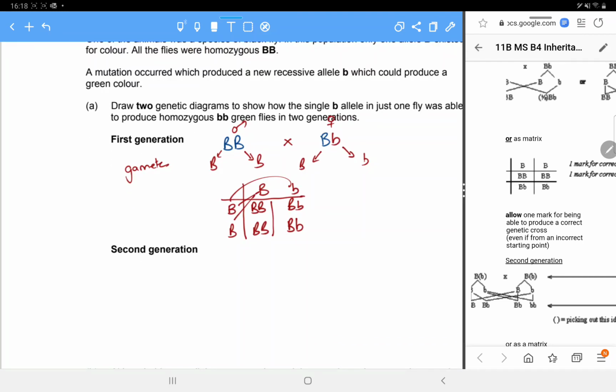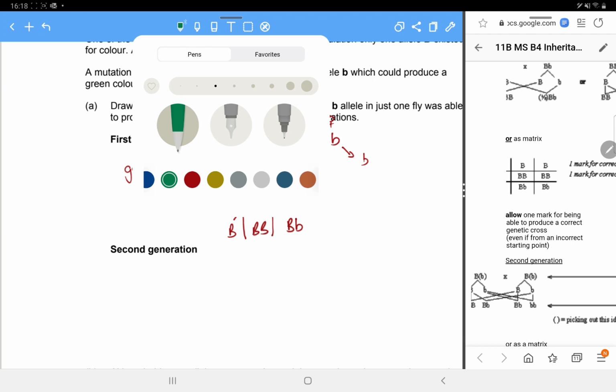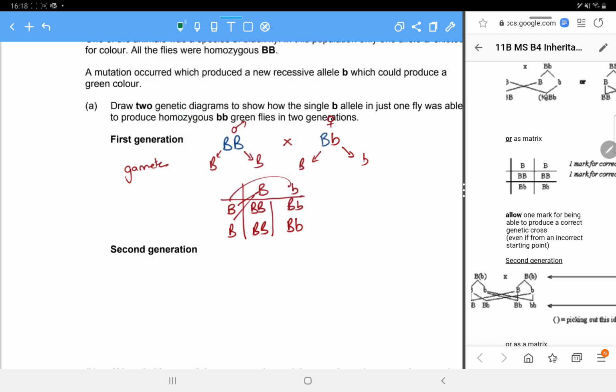we are looking to try and show how double recessive green flies could be produced. Well, we have got here these two homozygous flies from the first generation.